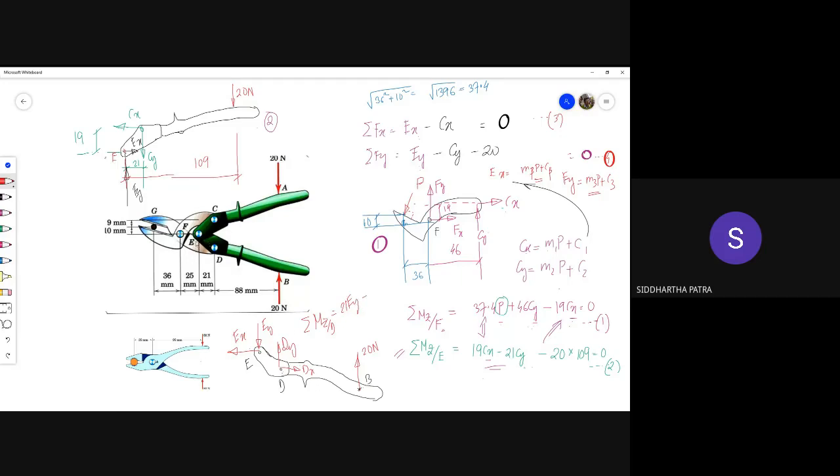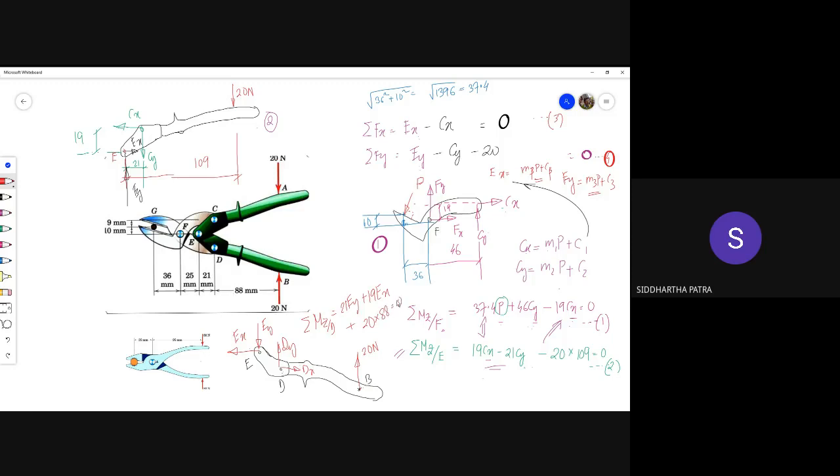Then this one is also acting counterclockwise. So what is the height? I'm just assuming that the green portions are symmetric, I mean identical. So the distance between E and C is same as E and D. So it is plus 19 Ex, all acting counterclockwise. Then plus 20 times, how much is the distance? 88. It should go to 0.